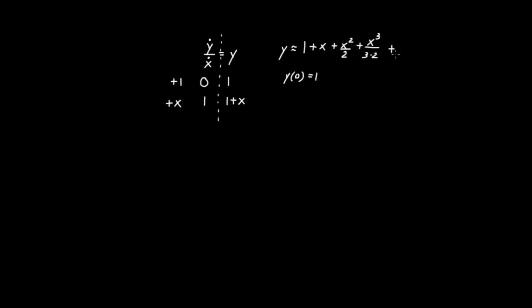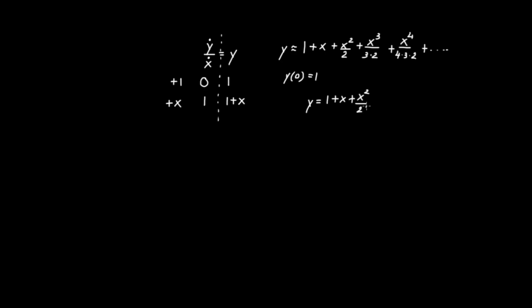I take yet another antiderivative, and I get x to the fourth over 4 times 3 times 2. Hopefully you can see the pattern that we're starting to form here. Let me rewrite this y so that the pattern is clear: I have 1 plus x squared over 2.